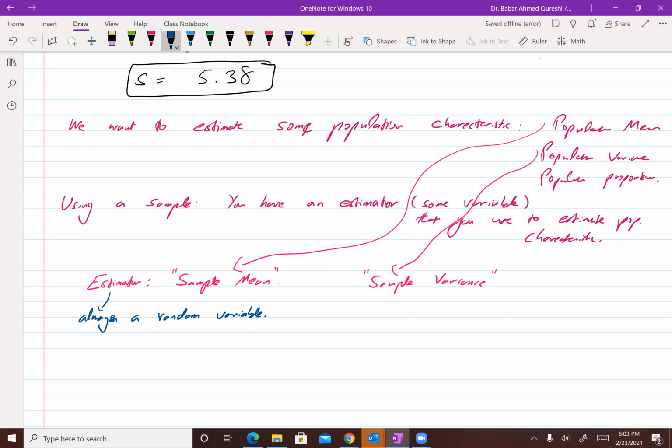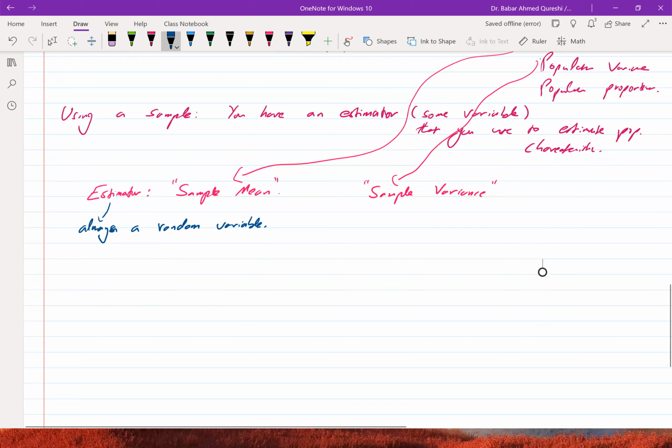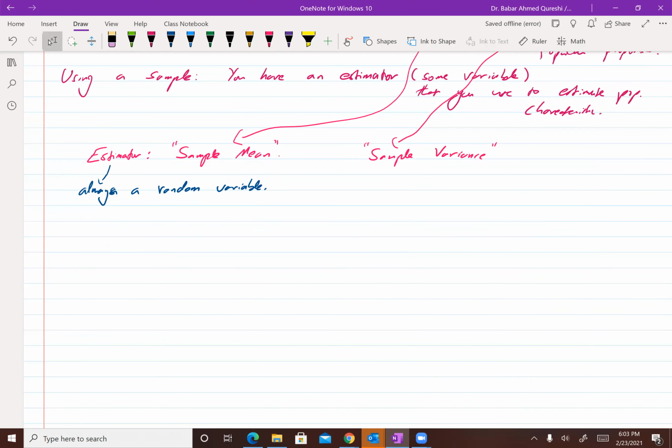So you do not expect to get the same answer as the population characteristic. However, it would usually be considered a good estimator. It's called an unbiased estimator.